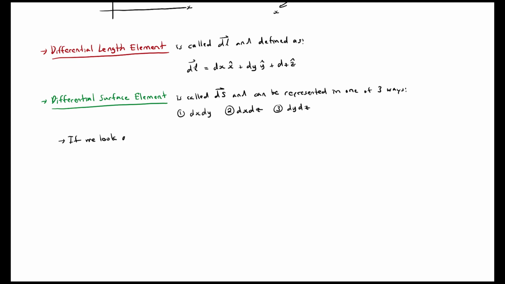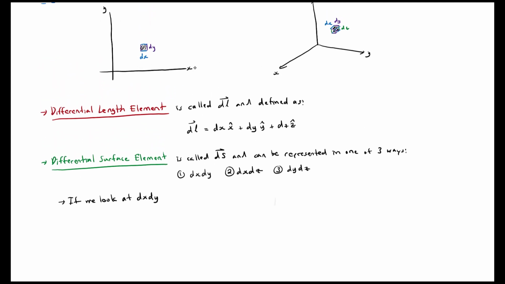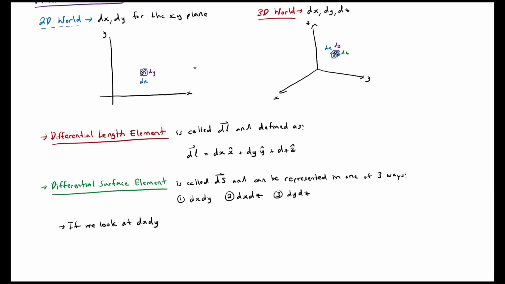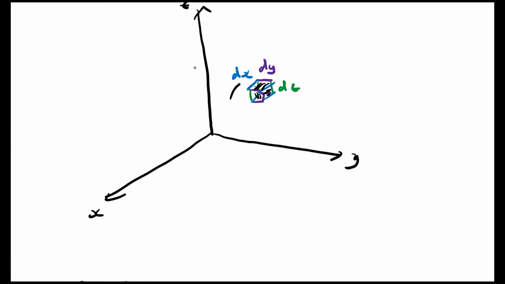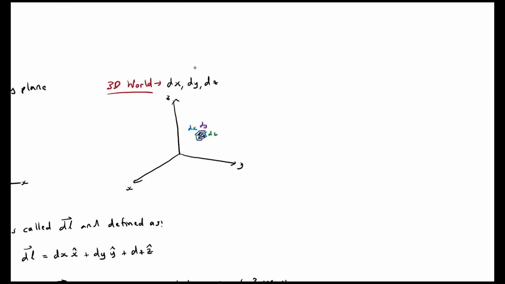So if we look at dx, dy as the differential surface element, it means that we are not moving in the z direction at all and simply looking at a small surface element on the xy plane. So going up to our drawing again and zooming in, we only care about dx, dy, which means we only care about this top surface area. Whereas if you had dx, dz, it would be dx times dz, so it would be the left and right sides that you could consider for surface area.